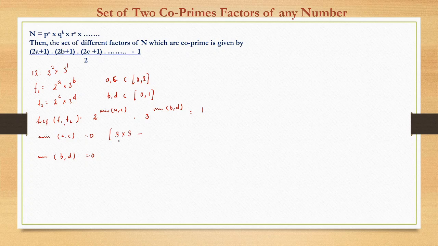If we do 3 into 3, it assumes that a and c can take all the possible values. But we need a case where either a or c is at least 0. So we will subtract those cases where neither a nor c has taken a value of 0, I mean they have taken a value more than 0. How many values more than 0 are possible? 1 and 2. So a takes those two values and c also takes those two values. So this is the number of ways, 4 ways.